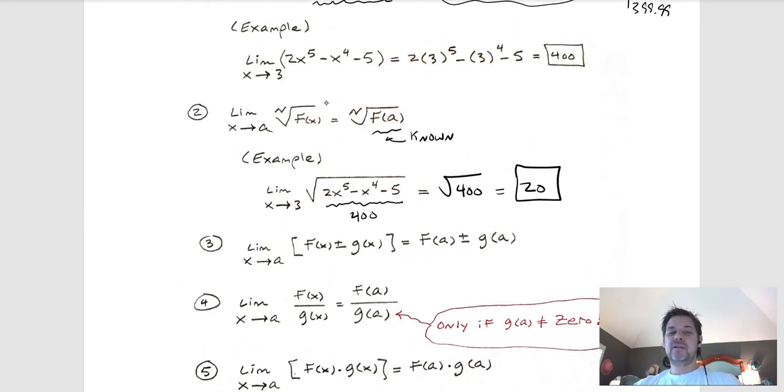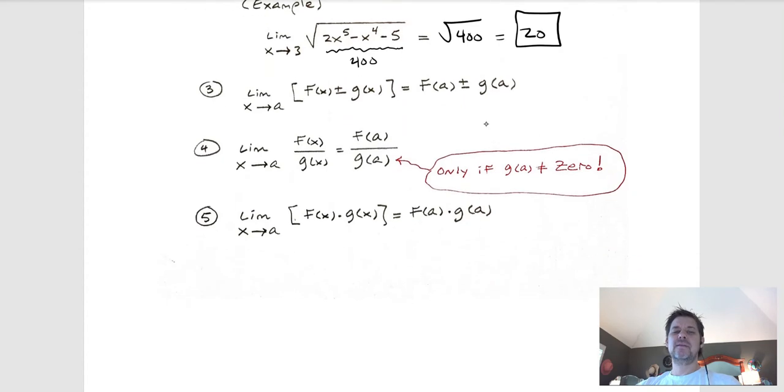Now, there is some fine print to this rule. If plugging in gave you the square root of negative 4, then that's not calculated as a real number, but I don't think we're going to run into that, so I'm not going to worry too much about the fine print.